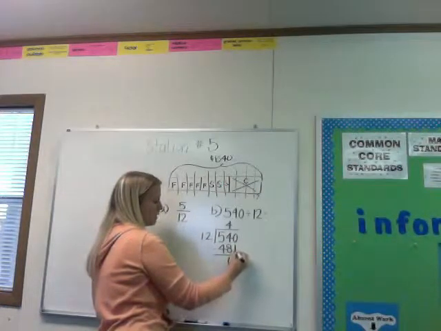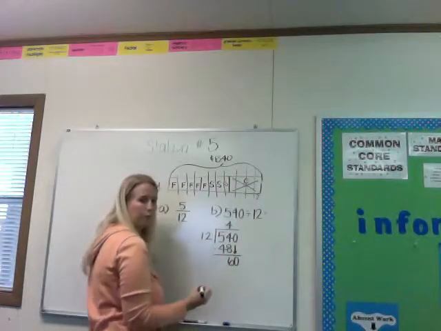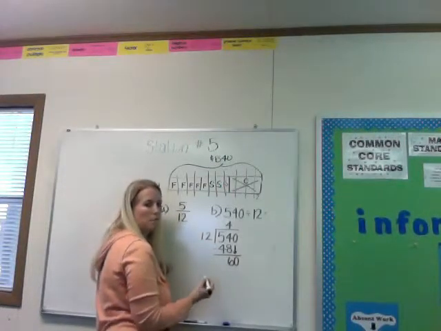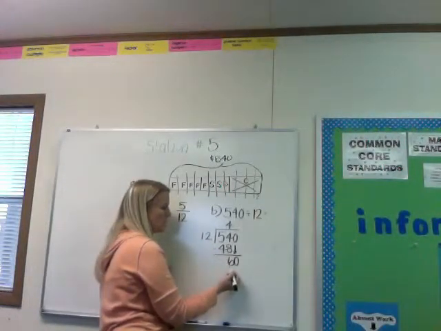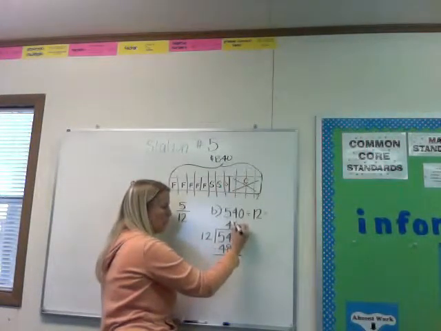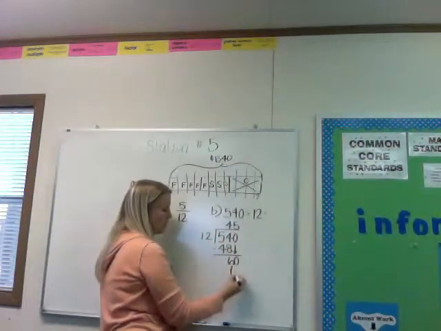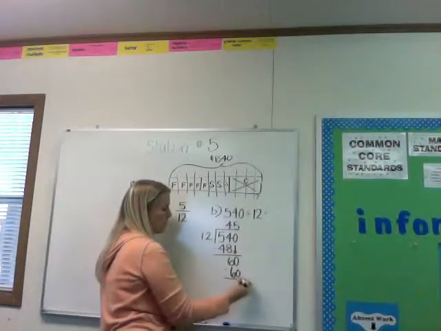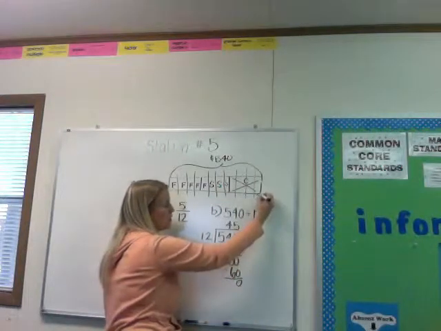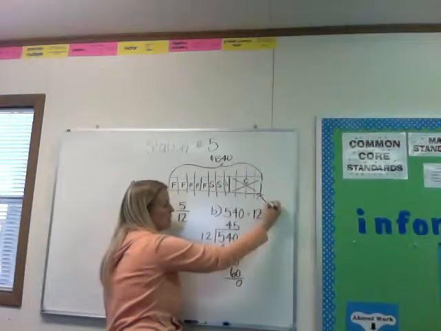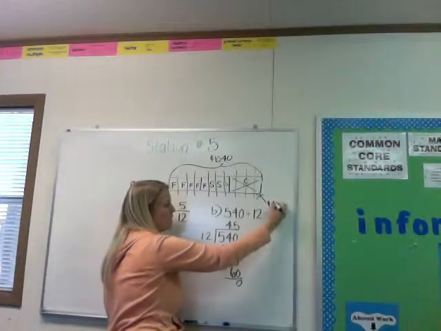And I'm going to bring down the 0. How many times does 12 go into 60? 5 times. 5 times 12 is 60, and I have nothing left over, which means each one of these boxes is worth $45.